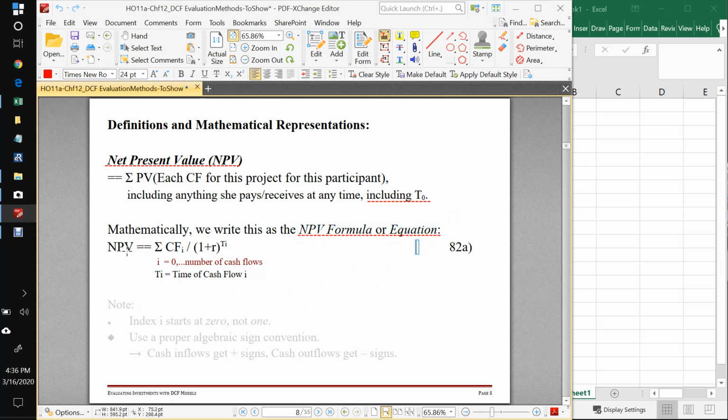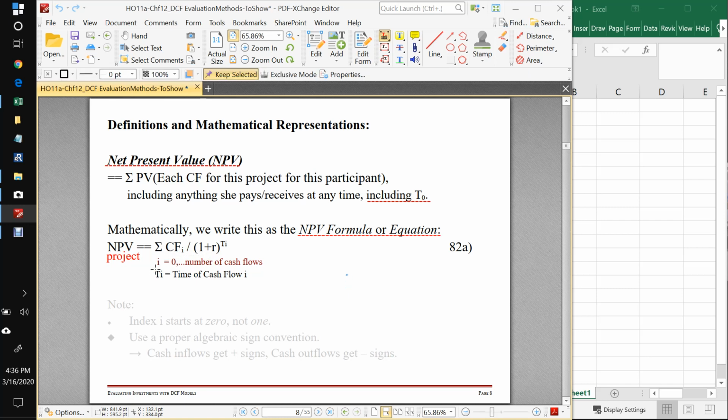And it looks like this. It says the NPV of a project is equal to the sum of the individually discounted cash flows. So you see the way this sum is working. For cash flow I, first discount it, do that to every cash flow, then after you've discounted them all, add them up, okay?